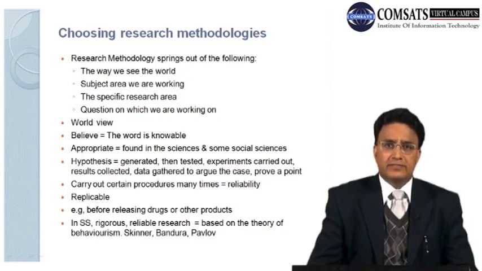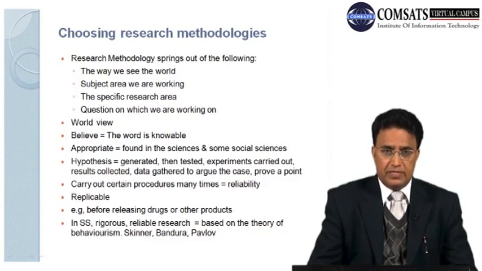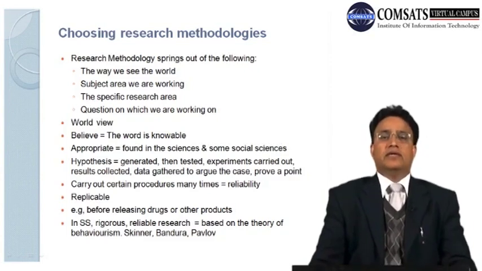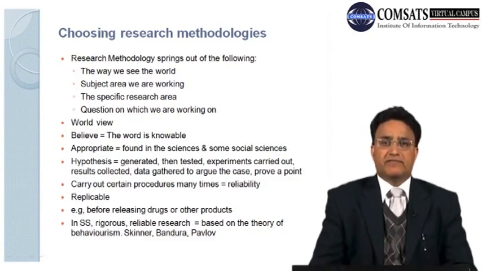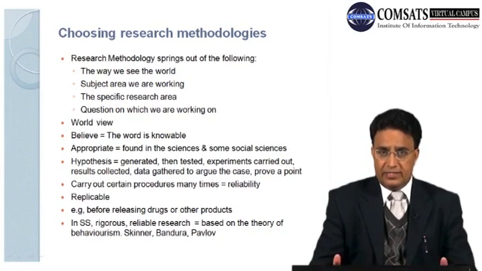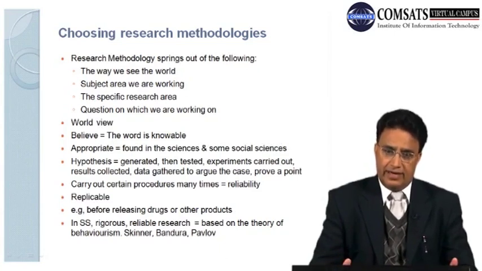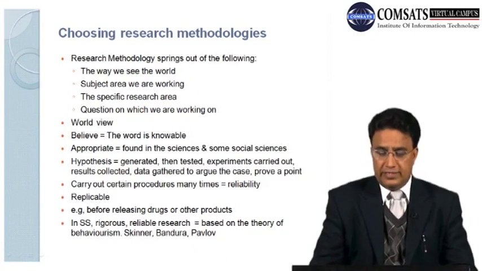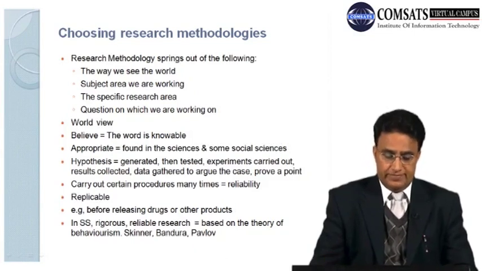In social sciences, there is a rigorous, reliable research. Social sciences also take into account this type of research where a hypothesis is generated and then it is tested and the experiments are carried out and the results are collected and data gathered to argue the case, make a point.